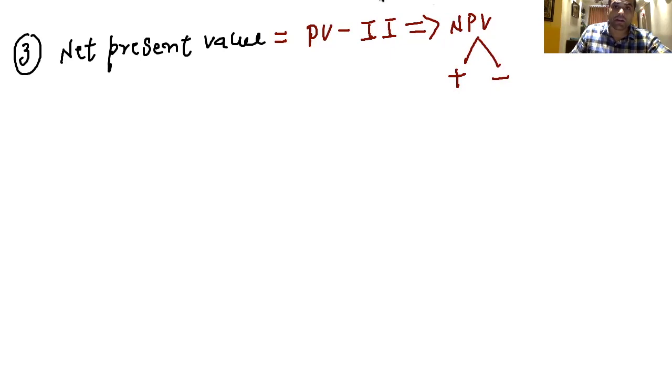Remember, if your net present value is positive, we will select this project. If net present value is negative, we will reject this project.